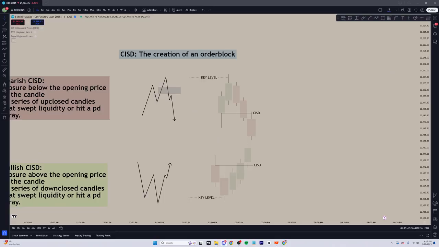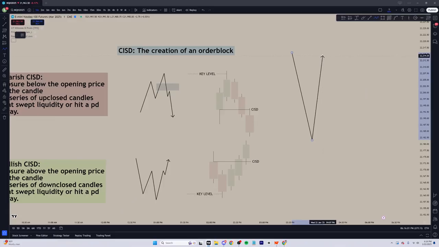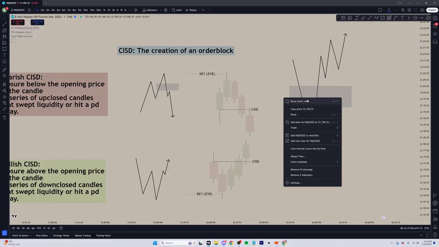So what's the difference between a breaker structure and a CISD? So a CISD, yeah, I'll just draw this out. I feel like there might be some confusion with all the terms. It looks something like this, where we get a closure above. Let's say we have a bearish fair value gap here. This is obviously an inversion fair value gap.